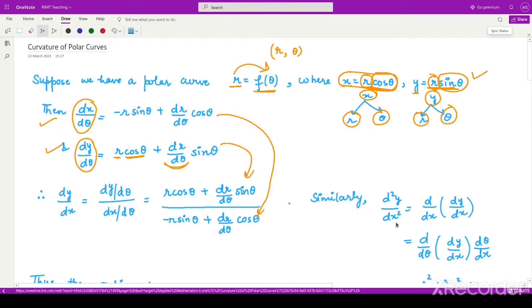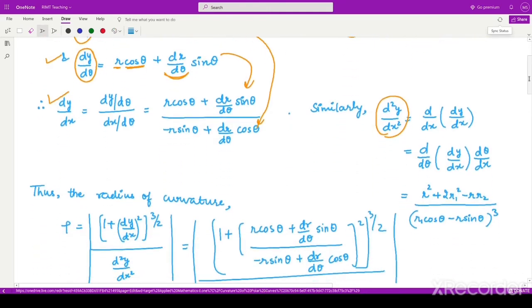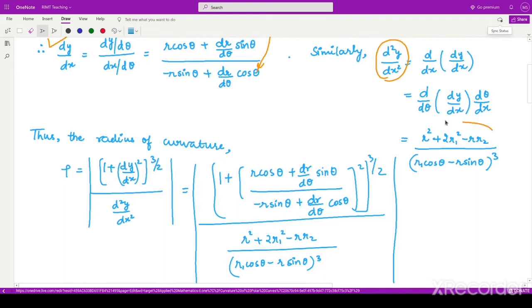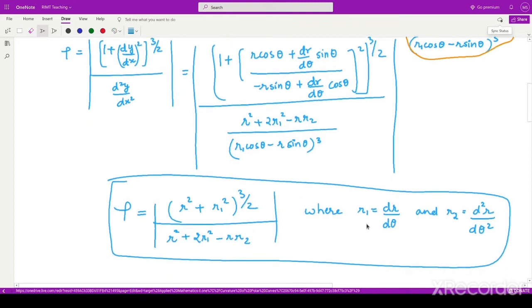And similarly we can find the double derivative. The double derivative is calculated by taking the derivative of this term. So it would be this after simplification, where r1 is dr by d theta and r2 is d2r by d theta squared.